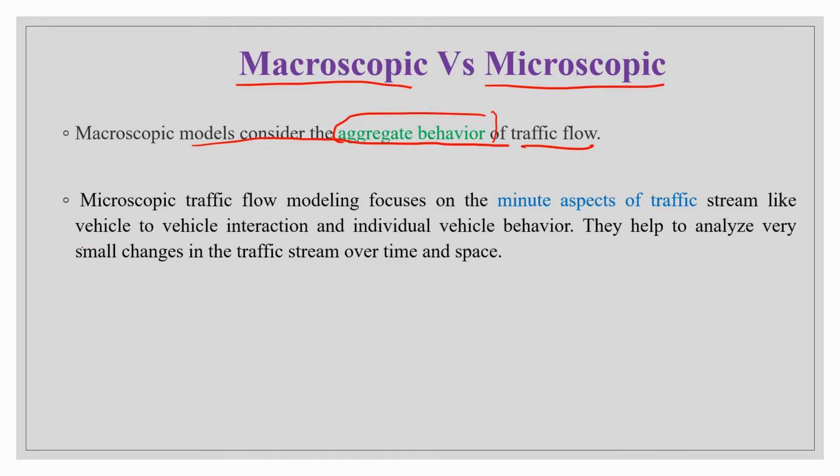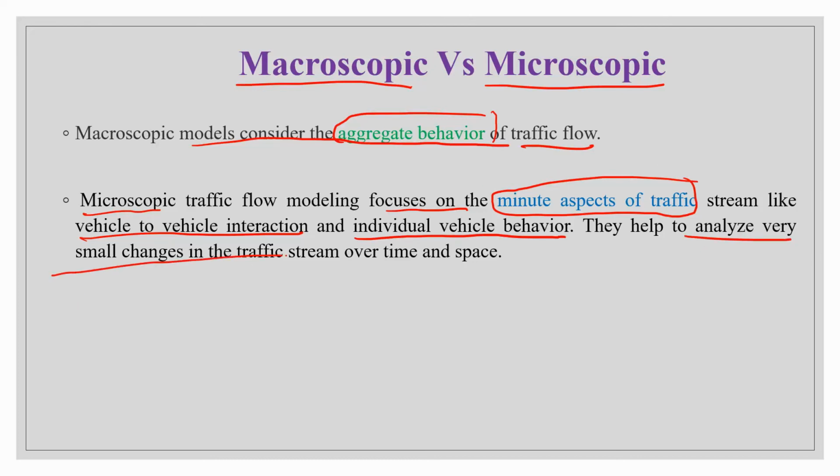However, in microscopic traffic flow, the modeling focuses on the minute aspects of the traffic, like vehicle to vehicle interaction and individual vehicle behavior. So they help to analyze very small changes in the traffic stream over time and space.